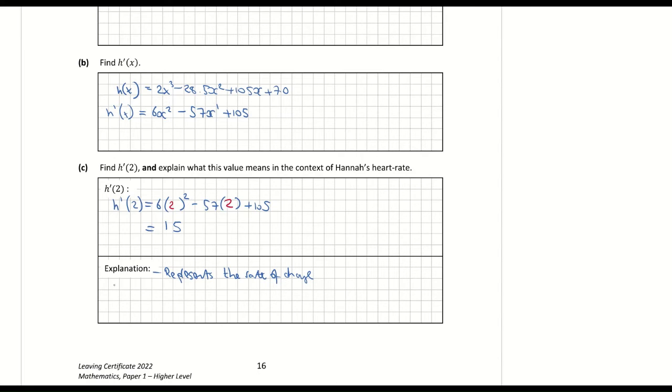And in the context of this question, I'm just going to say, i.e. the rate of her heart is changing with respect to time. And time in this question is in minutes. So it's basically the rate of change, how her heart rate is changing as time goes by.